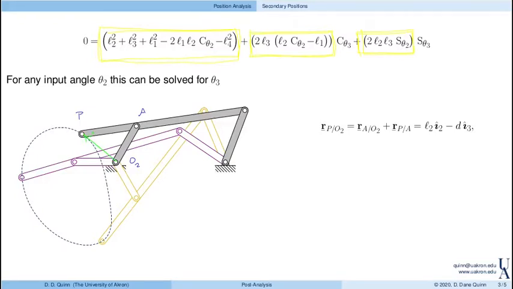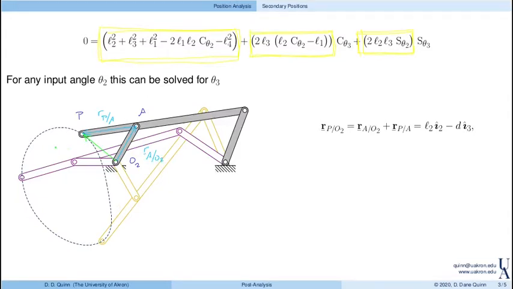We're going to express that, though, in terms of known directions and known vectors. Right? So as we solve for this mechanism, we can find the position of A with respect to O2, and then using theta 3 that we solved for above, we can find the position of P with respect to A. Right? So this is the position of P with respect to A. This is the position of A with respect to O2.